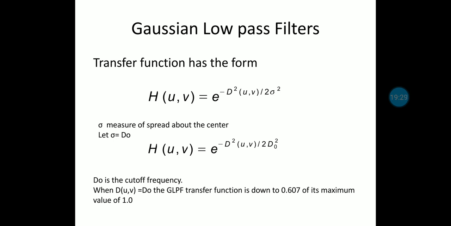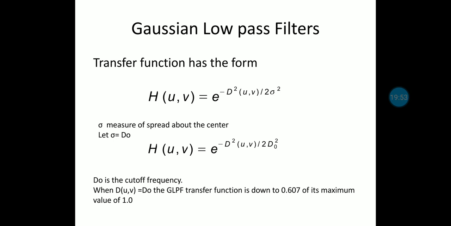Here sigma is the measure of the spread about the center, and D naught is a positive constant. If you compare the original equation and the new form of the transfer function of the Gaussian low pass filter, here sigma is equated to D naught, isn't it?